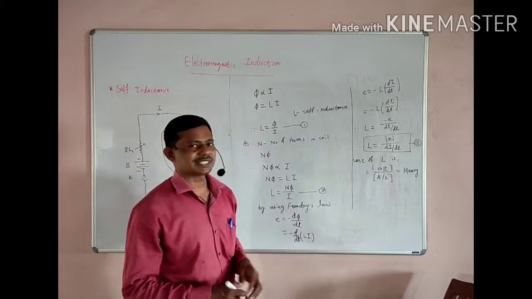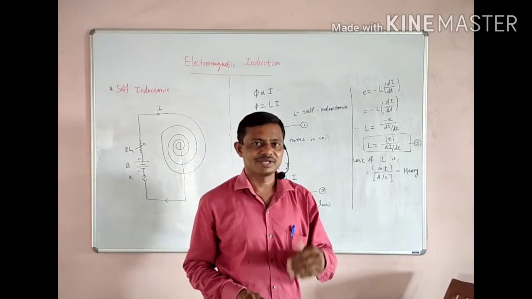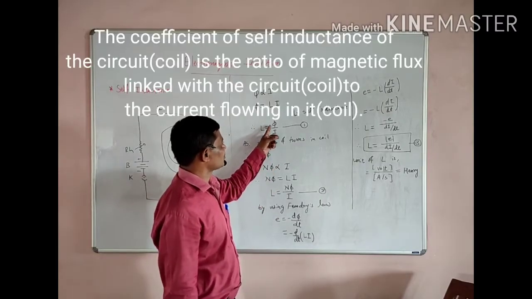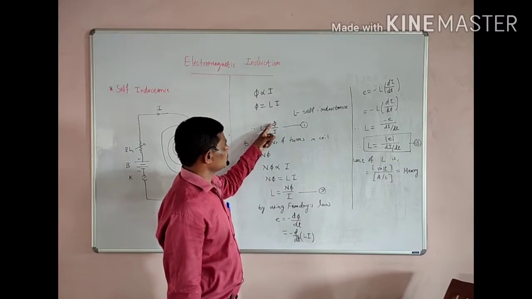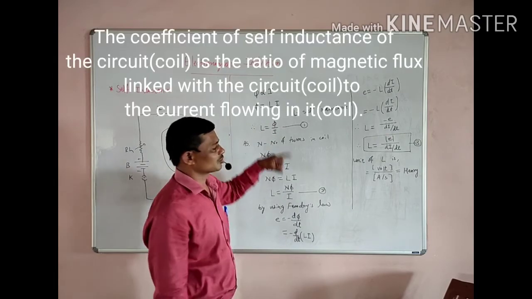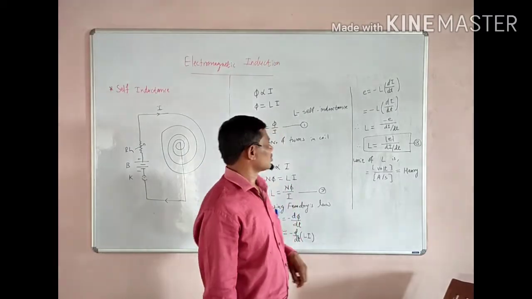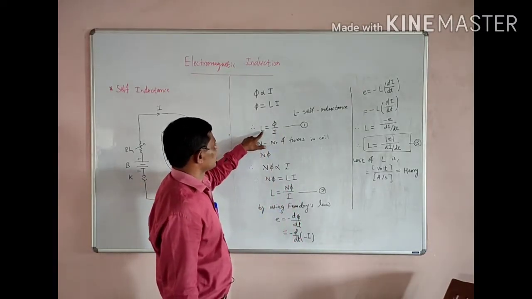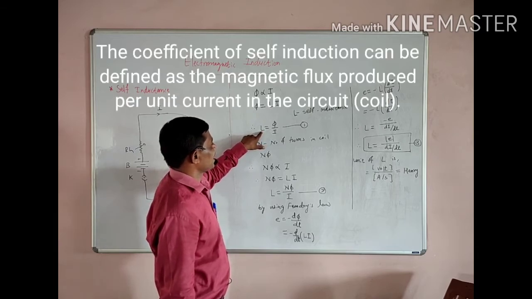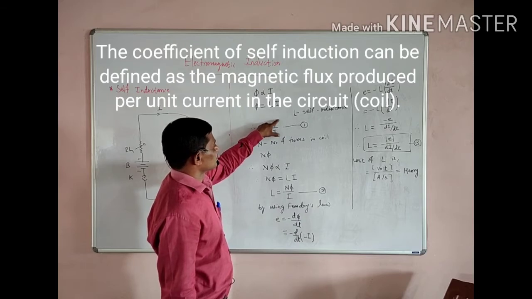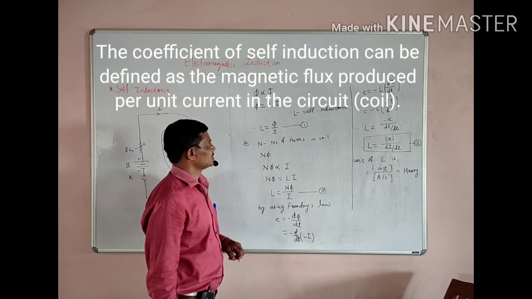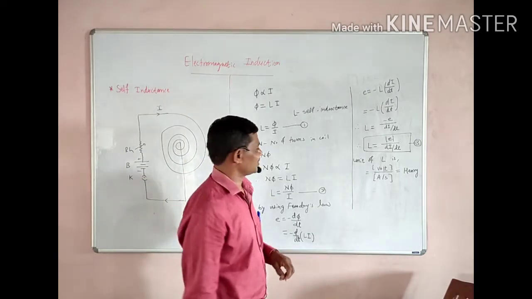So coefficient of self-induction can be defined as the ratio of magnetic flux linked with the coil to the current which is flowing through the same coil. Or we can say that coefficient of self-inductance can be defined as the magnetic flux per unit current through the closed circuit.